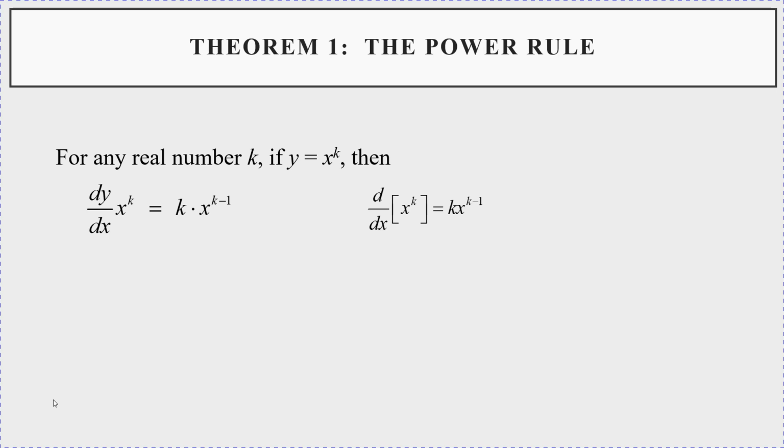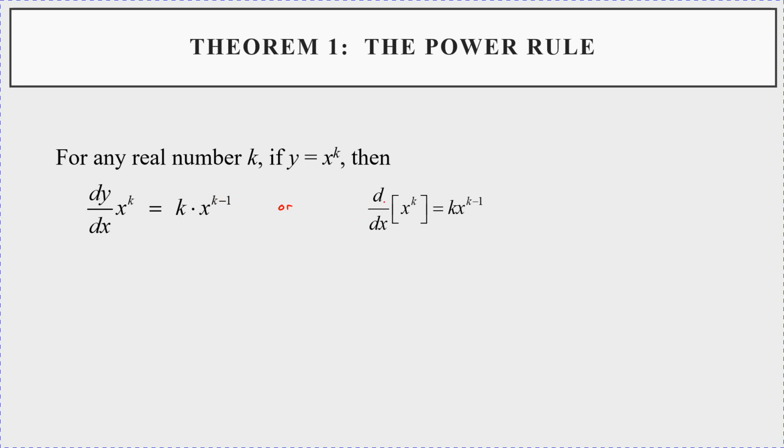It says for any real number k, if you have y is equal to x to the k power, then, these are similar notations that I want to talk about here, the derivative of y with respect to x of our function x raised to the k power is equal to, look what you do. You just bring the k down in front and multiply it by x to the k minus 1.